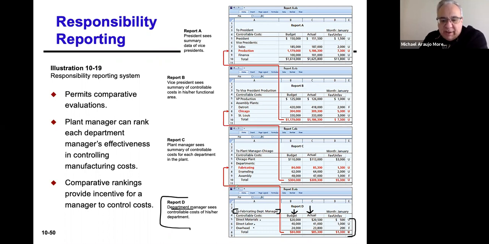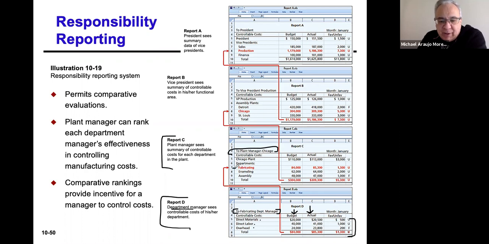Those reports would be collected and given to the plant manager in charge of the particular plant. And you saw those plants, one was in Chicago, the other was in St. Louis, and so forth, right? So the plant manager for the Chicago manufacturing plant would get all the costs for all the departments.